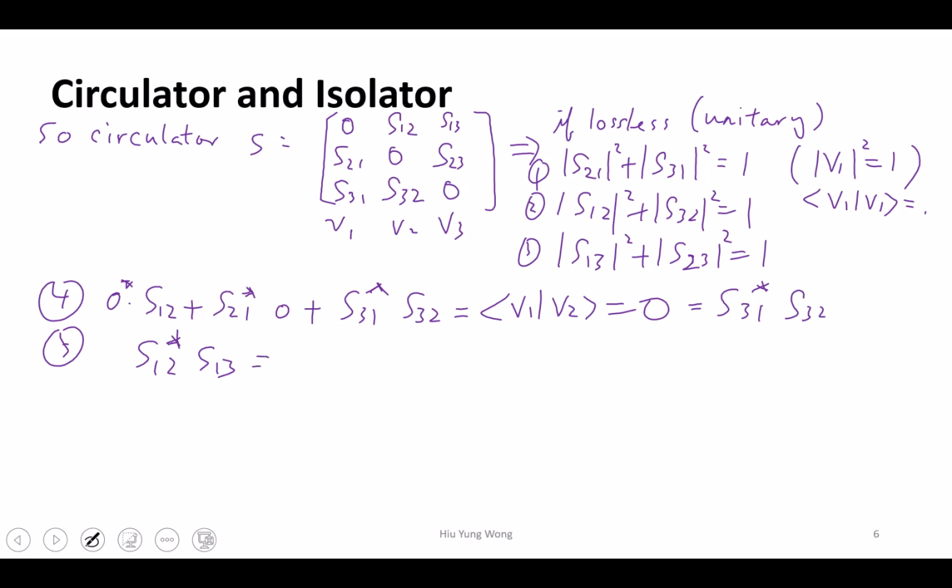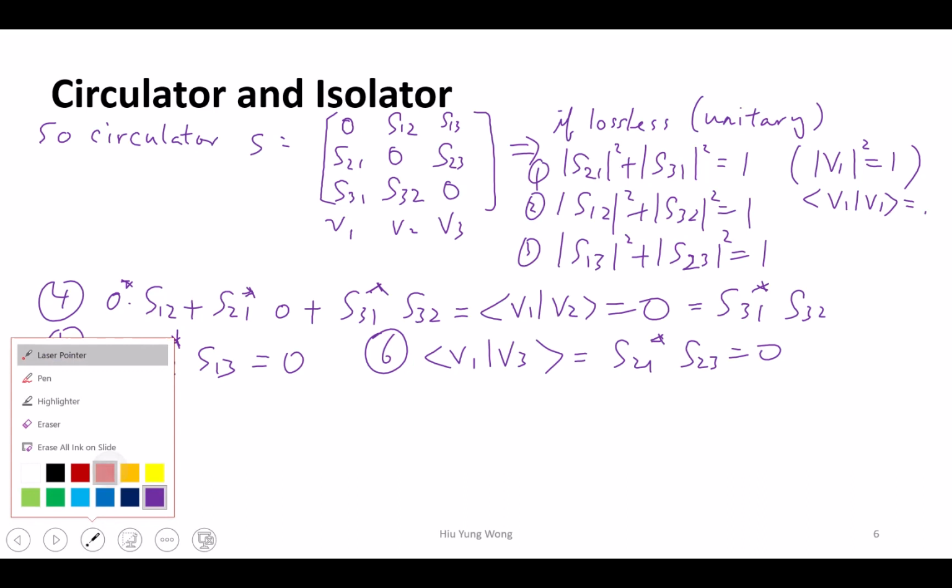So this is equal to 0. I get one more equation. Then the last one is V1 inner product V3, which tells me that S21 star times S23 equals 0. Correct? These two. Okay. I know lots of math, but don't worry.